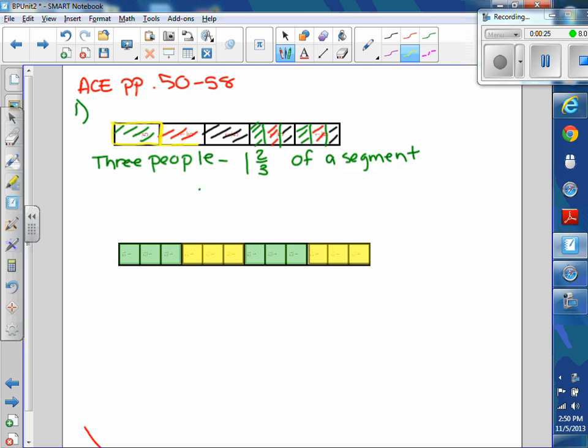They're this big. Each person would get 1 whole segment, like this, the green, 1 whole segment plus a third of the leftover 2 segments. So each person gets 1 2/3 of a segment.